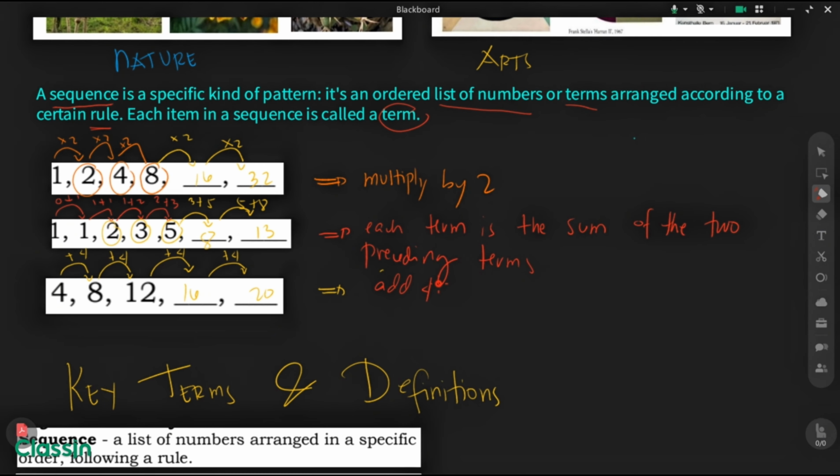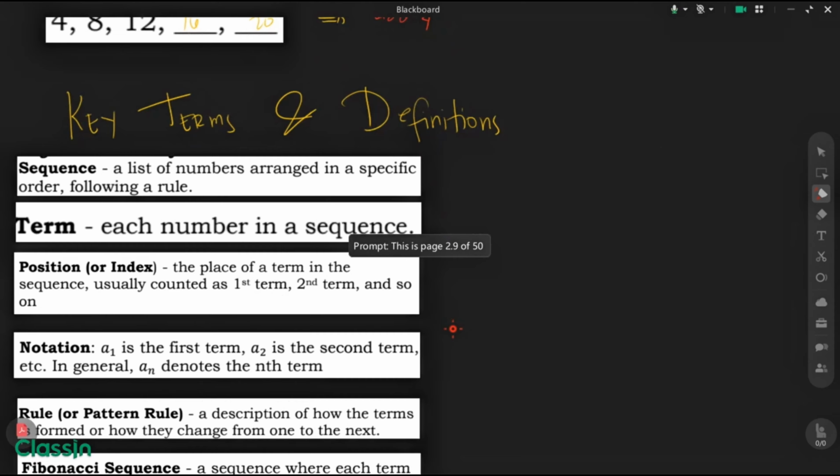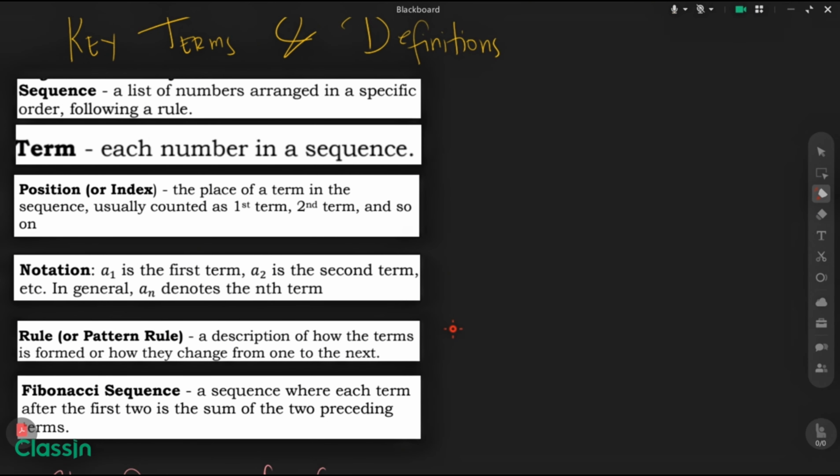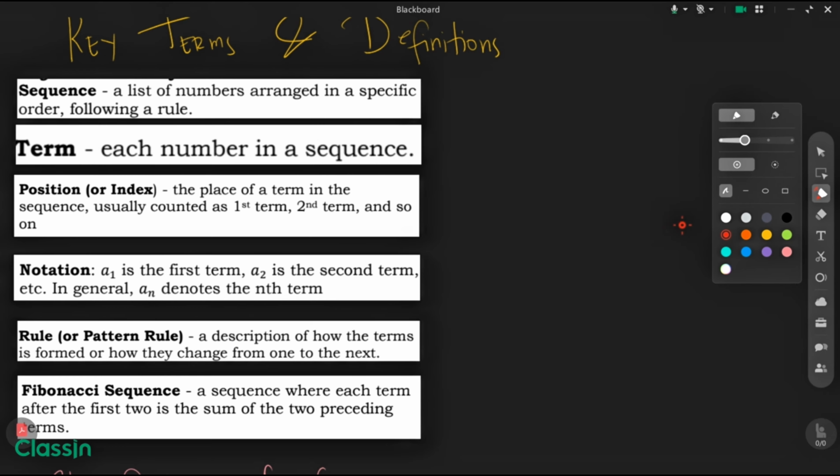Alright, now let's move on to the key terms and definitions that we need to ponder. The first term is sequence. A sequence is a list of numbers arranged in a specific order following a rule, just like what we did a while back.